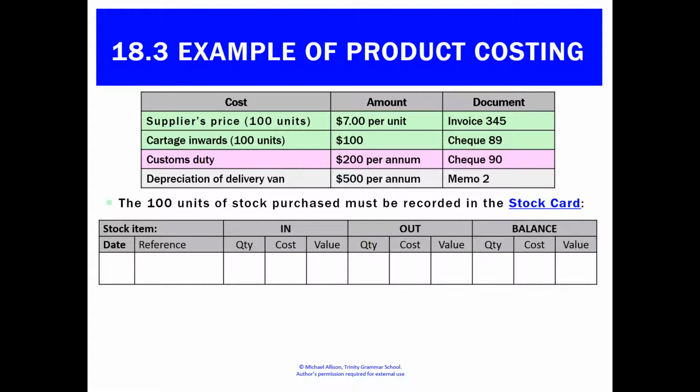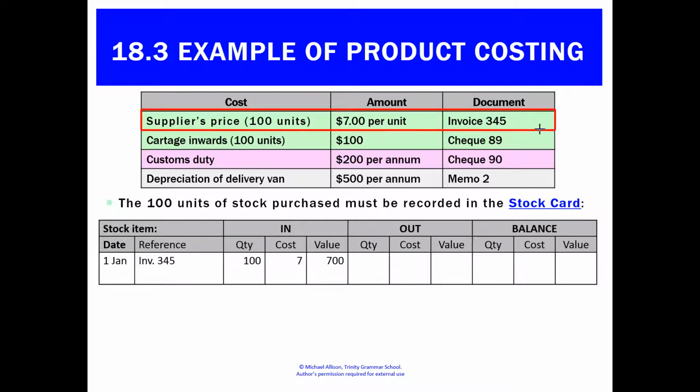And let's assume now, how would we record this in the stock card? So I've basically got $8 units, and I've got 100 of them. What would that look like? So I could first of all record invoice 345, 100 units at $7, which is 700. Why is it only 7? The reason is I'm going to record the supplier's price on its own like that, invoice 345.